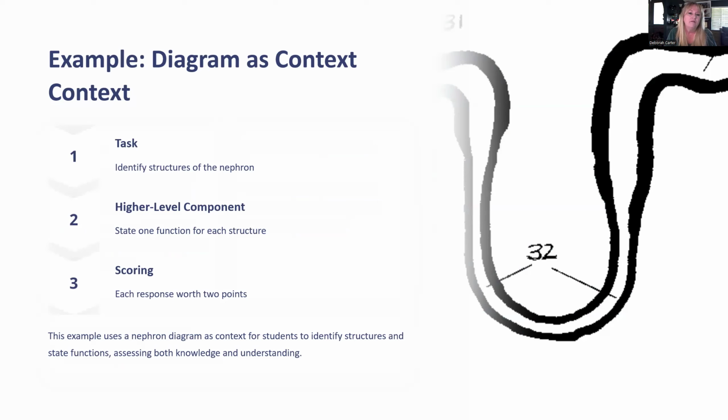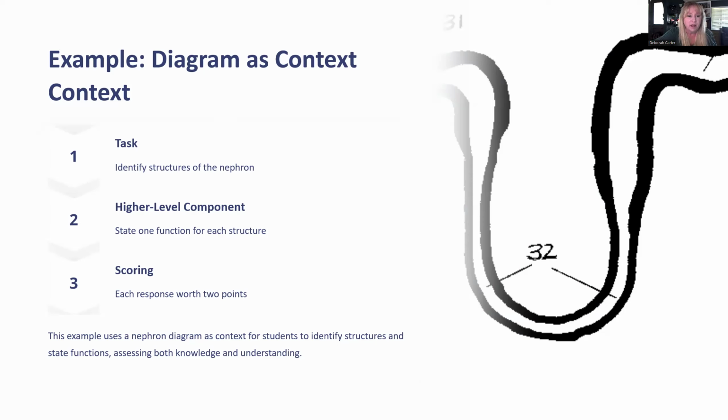Diagram as a context-dependent question. This is an example of using a diagram. You might have anatomical identification, functional understanding, and clinical applications. So the students must correctly identify the specific structure within the nephron.